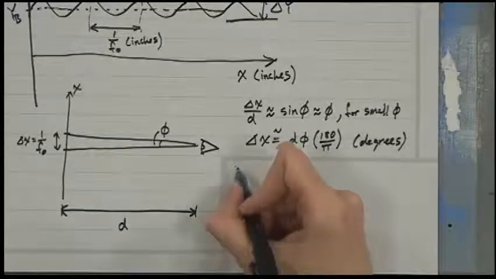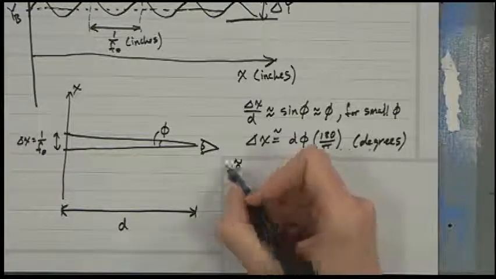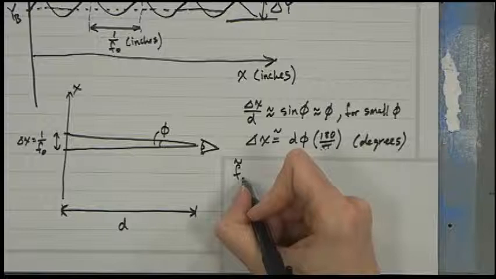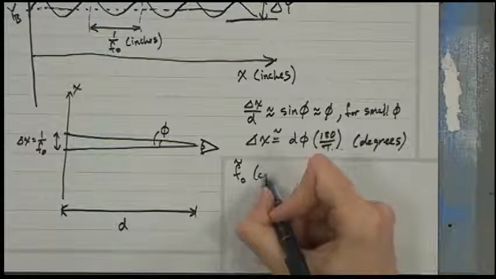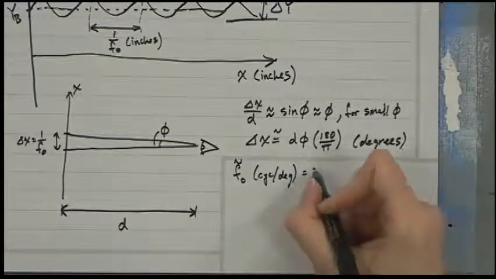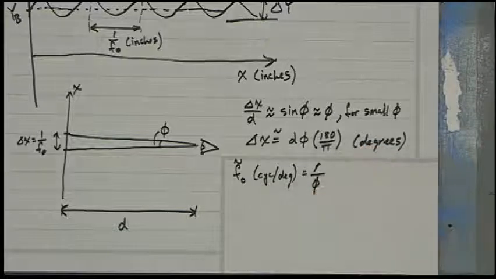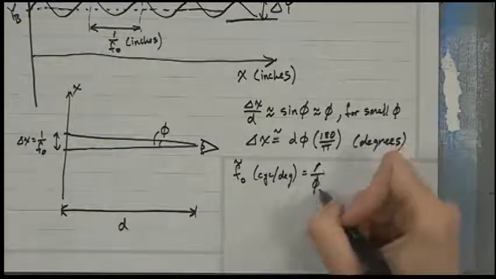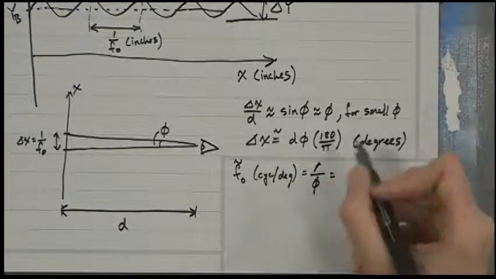Okay, using this relationship, we can define this new spatial frequency, I'll call it f naught tilde, in cycles per degree, as 1 over phi. We take 1 cycle per degree, and it gives us the conversion.